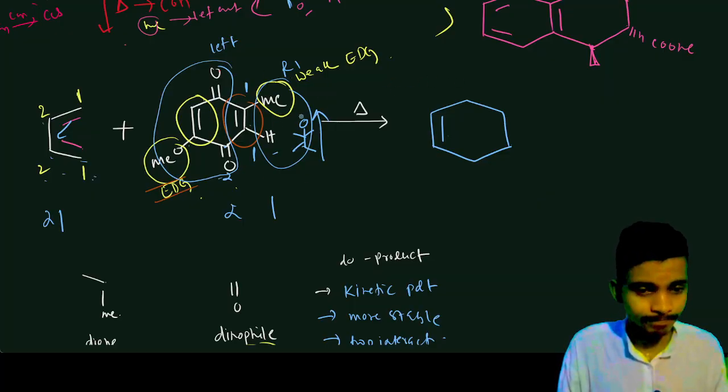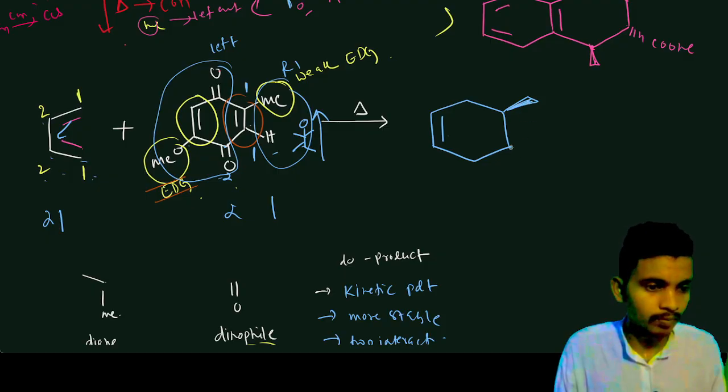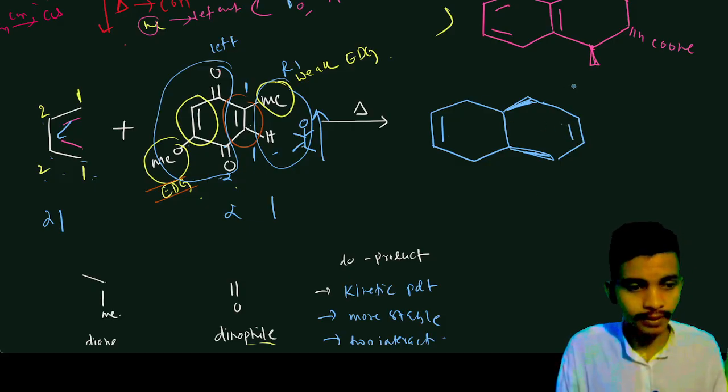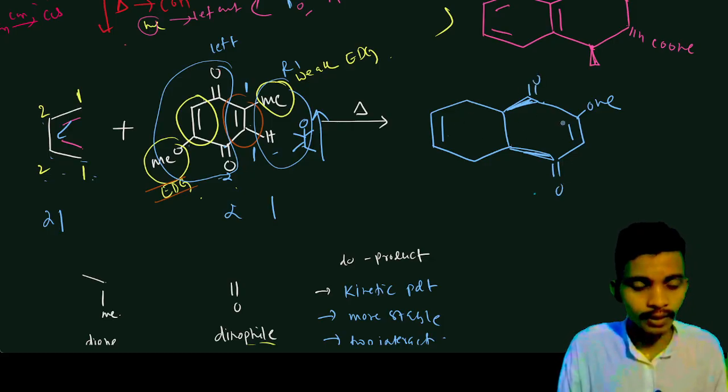Let's take this methyl as wedge. Taking this one like this, the bonds here are not affected, and here we have the OMe, and this is in the wedge.